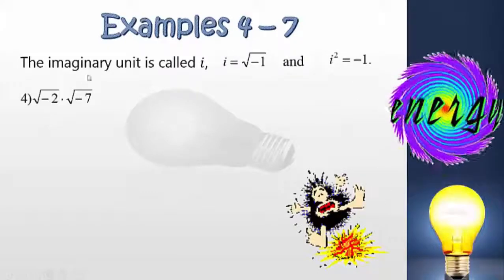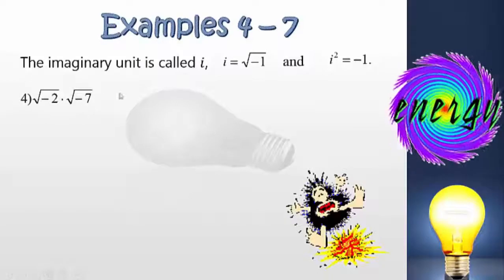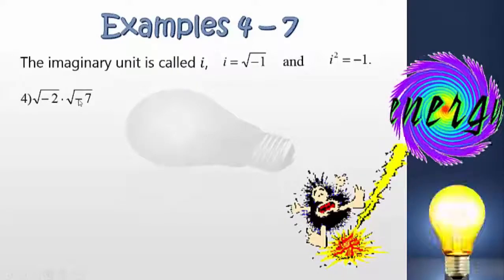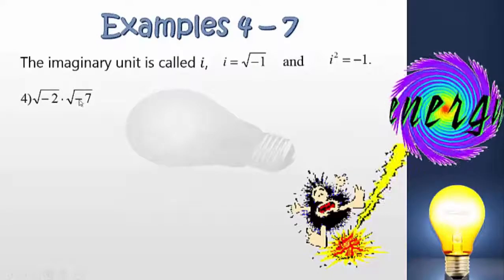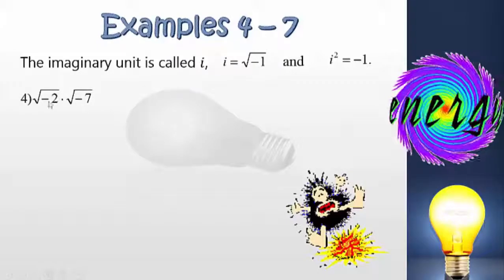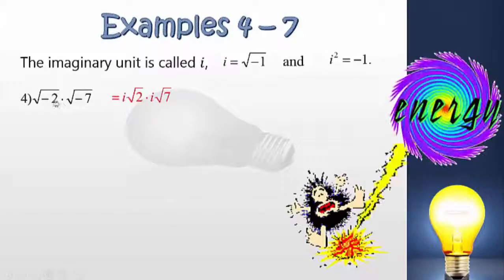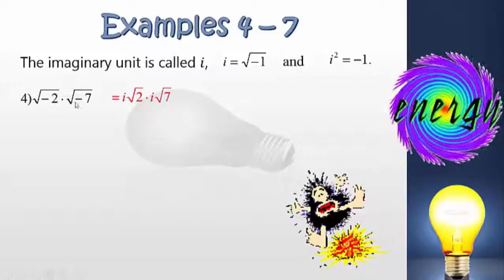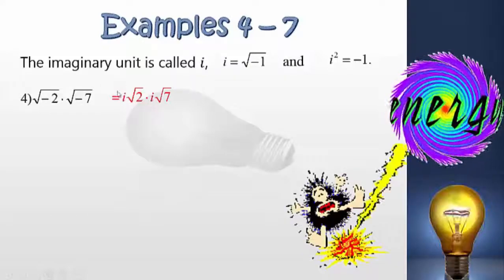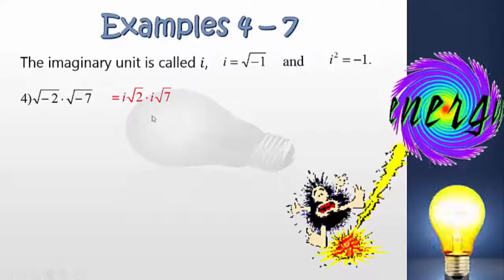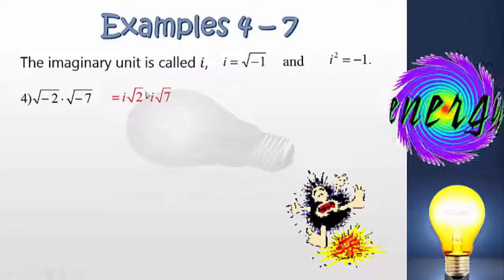So here is the one we just looked at, example number 4, and we see we have a negative inside the radical sign and a negative inside the radical sign here, so that means we're going to have to take those out as i's, because this negative is a square root of negative 1 and this negative is a square root of negative 1. So it would be i square root of 2 times i square root of 7.